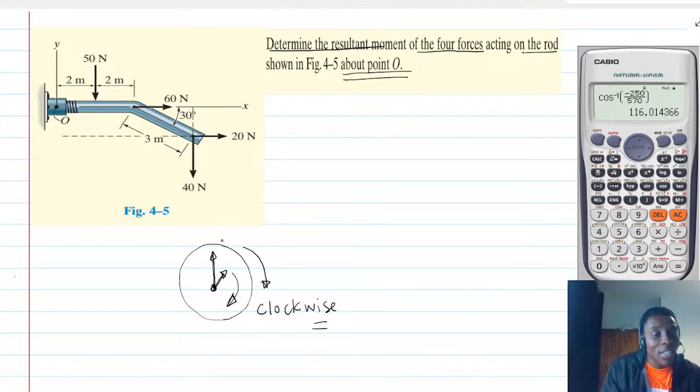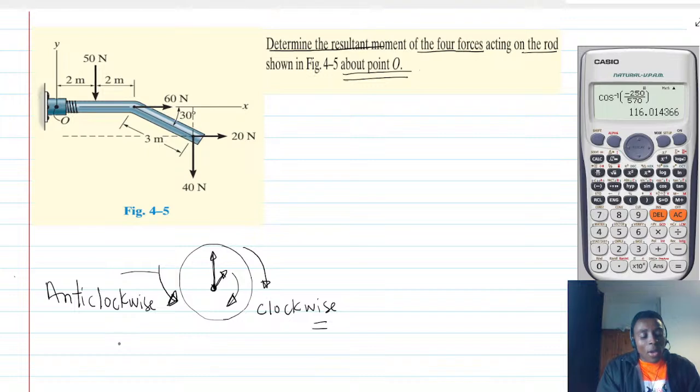However, if the rotation is going against the way the clock will go, then we call that counterclockwise or anti-clockwise. I hope the concept is clear.